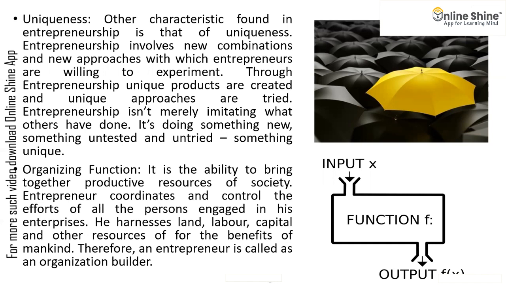Next point is organizing function. It is the ability to bring together productive resources of society. Basically, he coordinates and controls efforts of all persons engaged in enterprises. He harnesses factors of production, which are land, labor, capital, and other resources, for the benefit of mankind.